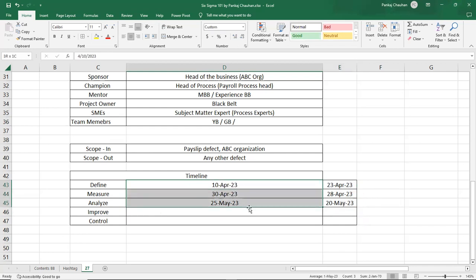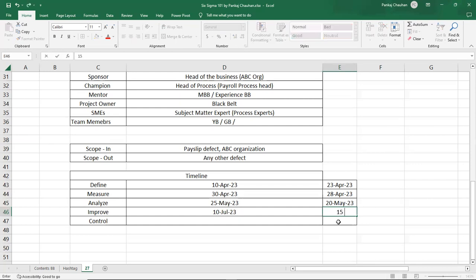So it takes a lot of time, maybe you will target the 10th of July 2023, and assume the actual implementation is done by the 15th of July 2023. And now you have to sustain the process and control this.